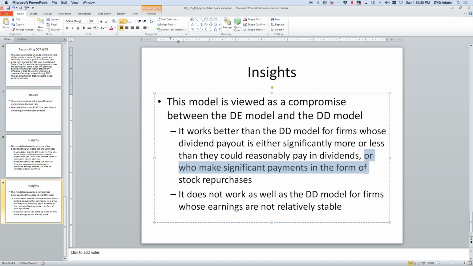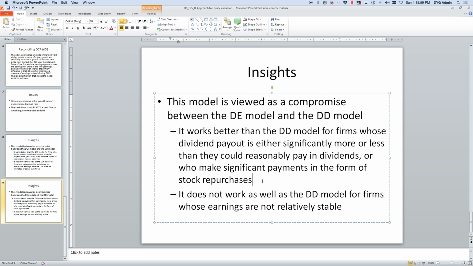The other big aspect of that where the discounted earnings works better than discounted dividends is that firms can also pay out to equity. They can give stockholders money back by repurchasing some of their stock from them. So they would go out and take money from the company and use it to buy back a portion of the shares.